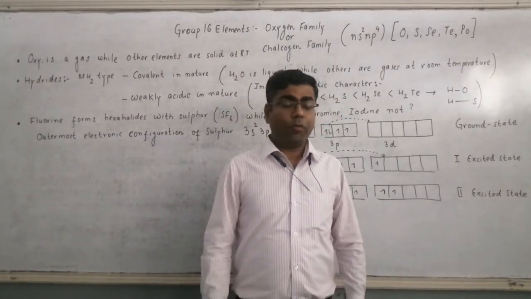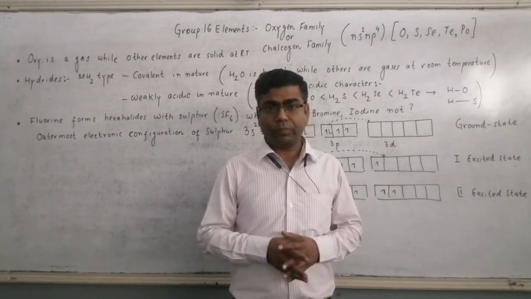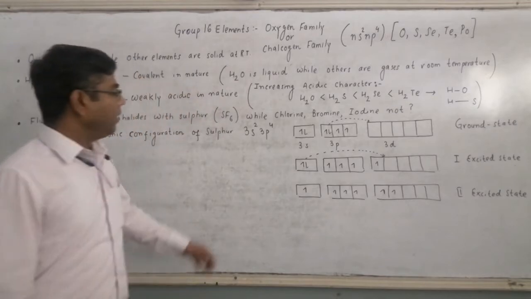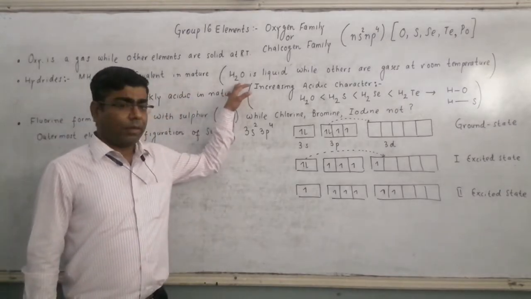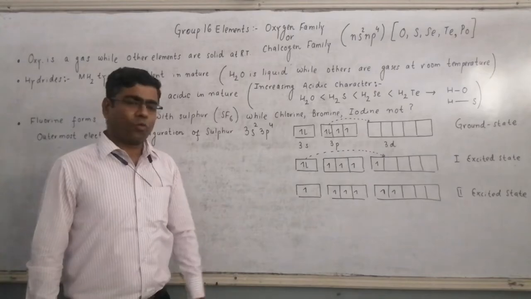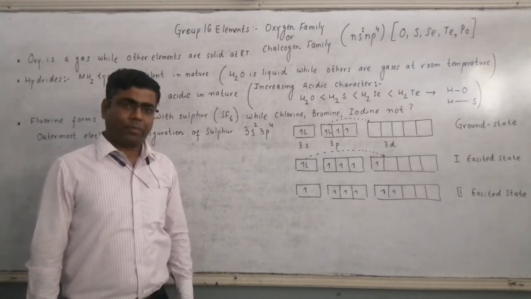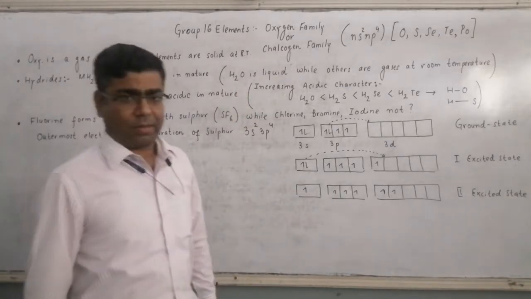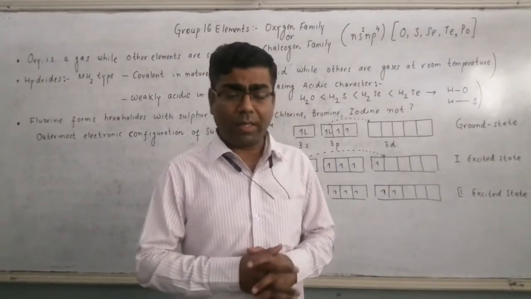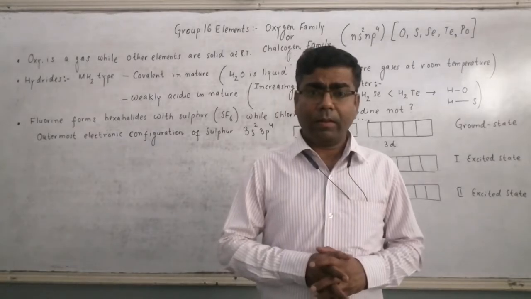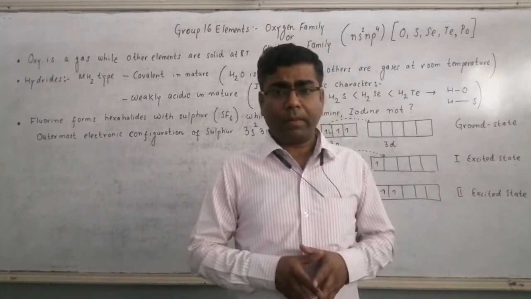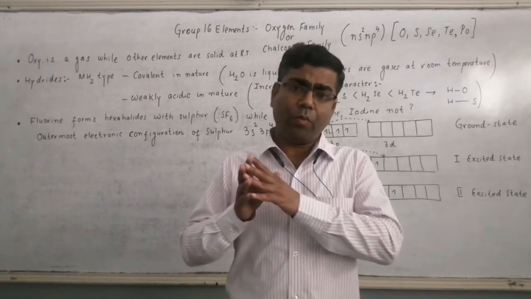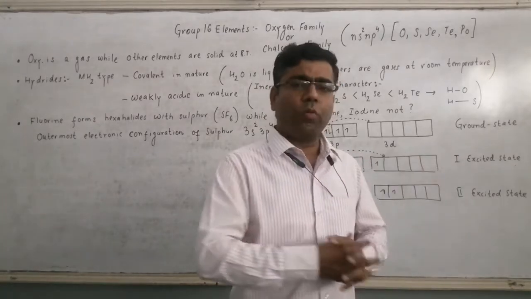Now, if we talk about the physical state, then H2O is a liquid while the others are gases at room temperature. Let us compare H2O and H2S, water and hydrogen sulfide. There is a concept that boiling point is directly proportional to molar mass.